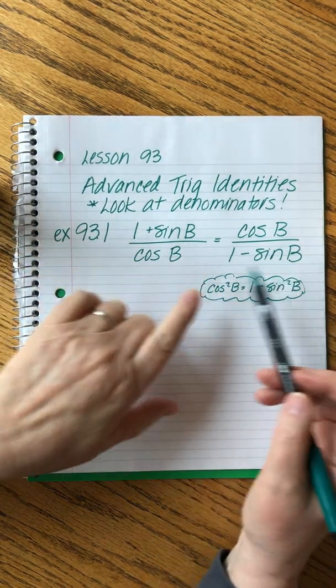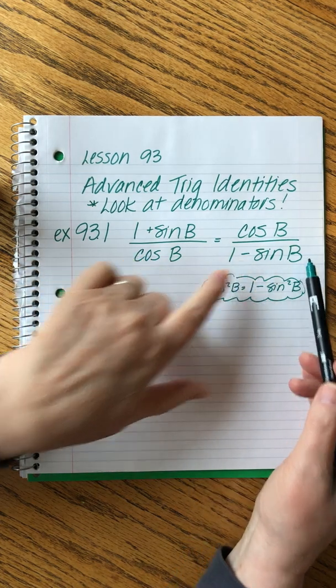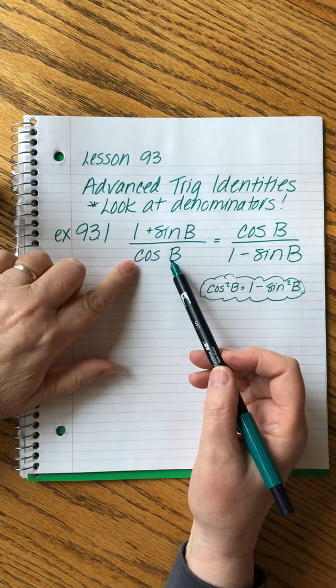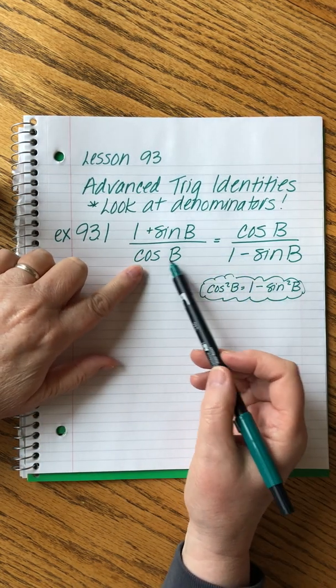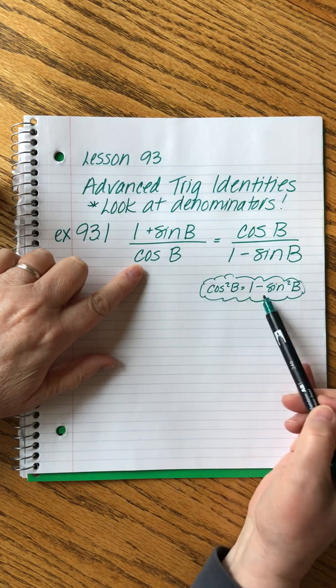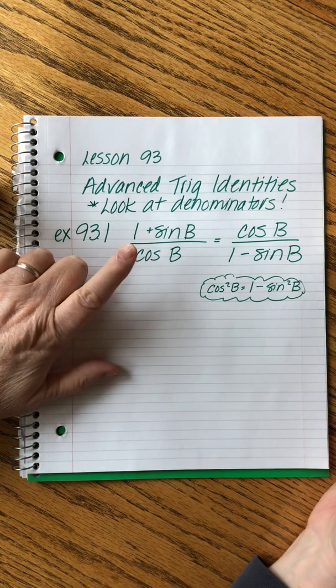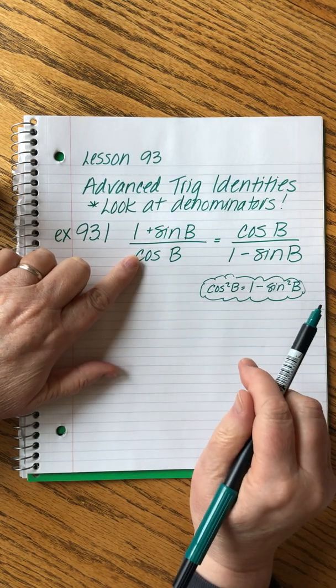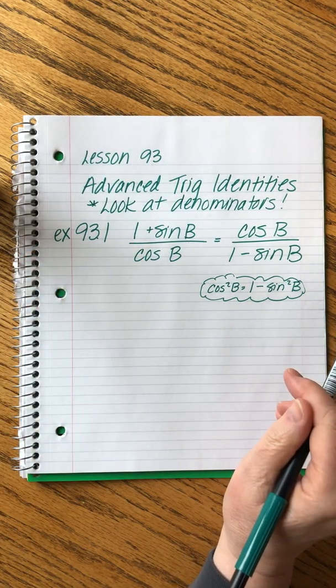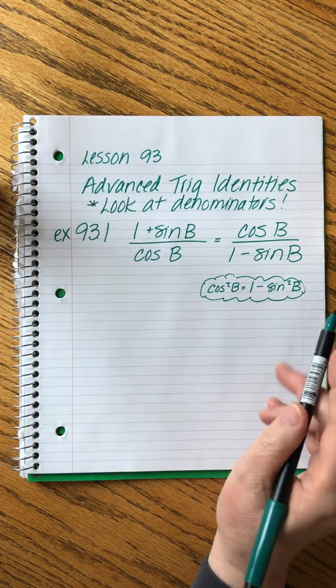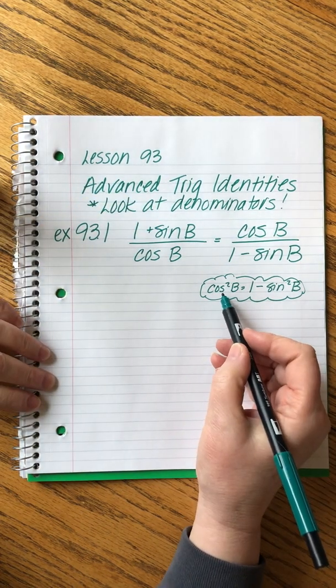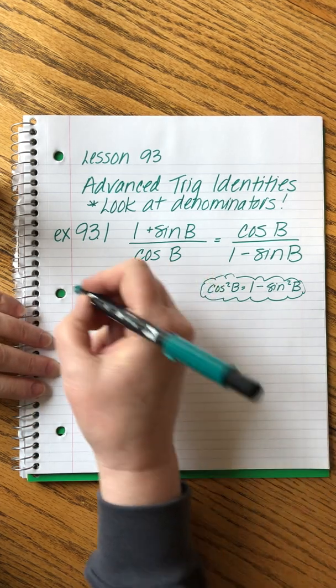That makes this side kind of look like that side, but I would have to turn this into a square, wouldn't I? Because right now I just have plain cosine of b, and in order to change it, I need to have this. That's what tells me, hey, why not try multiplying the left side by cosine of b over cosine of b, right? So that's what I'm going to do.